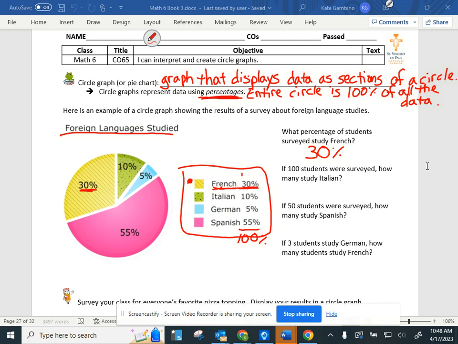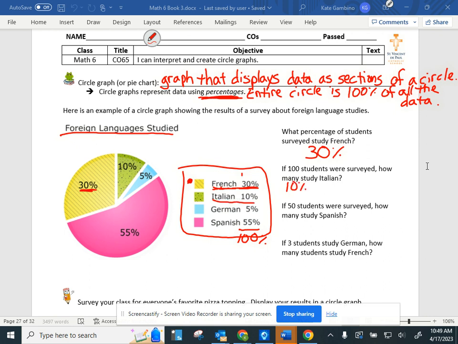If 100 students were surveyed, how many studied Italian? So it's out of 100 students. So that whole pie chart is 100. How many studied Italian? Oh, I wrote this wrong. I should do it this way. What is 10%?